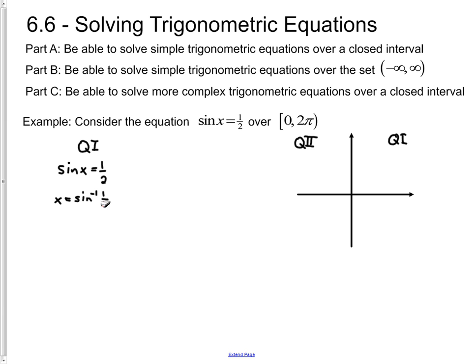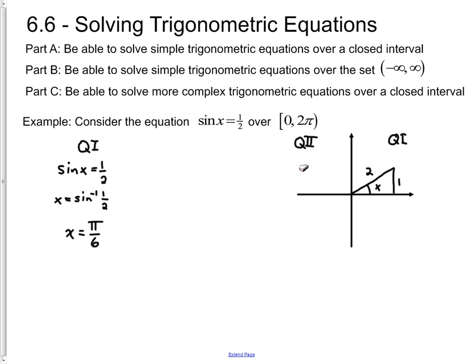And the inverse sine of 1/2 is going to be an angle that's only in quadrant 1. We're looking for the kind of angle that would give us the ratio inside of a right triangle whose ratio of opposite to hypotenuse is equal to 1/2. And we happen to know what that one is. That is the angle pi over 6. And that's fine for the first quadrant because that's the kind of thing that we're looking for.